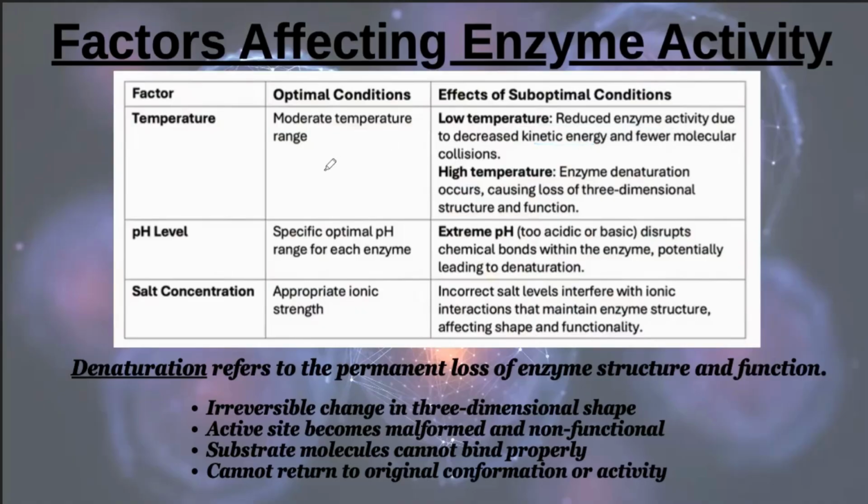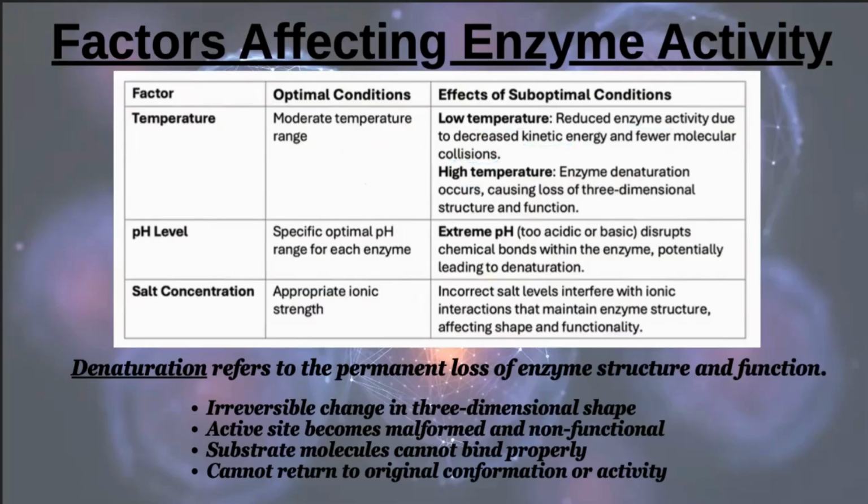If you think about kinetic energy in chemistry, that means that if you have molecules and you have low temperature, they're not going to bounce as efficiently as you would think higher energy would. So low temperature means that you have low energy, and that means that there are fewer collisions.